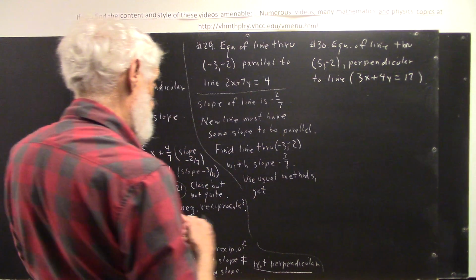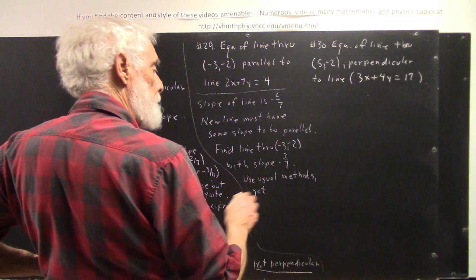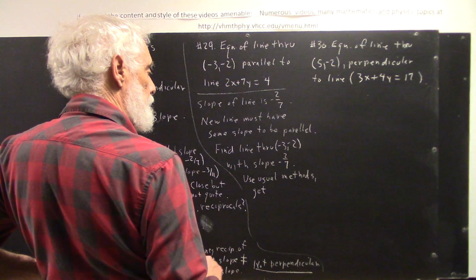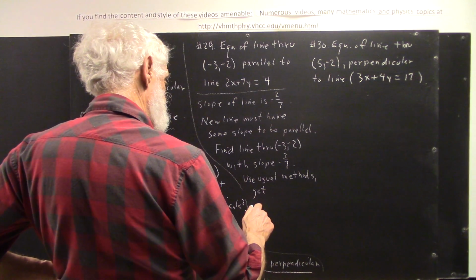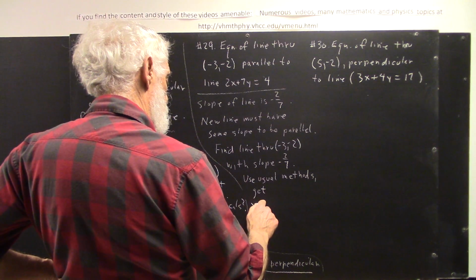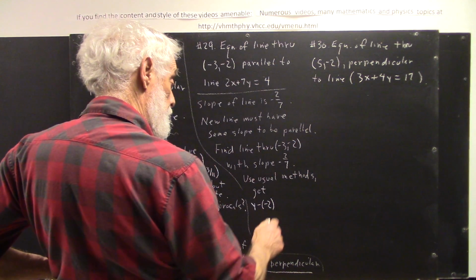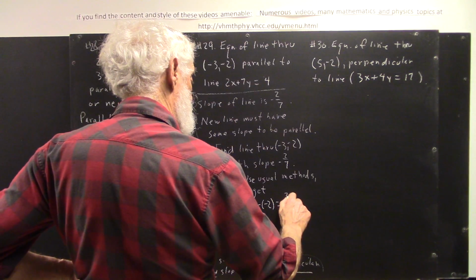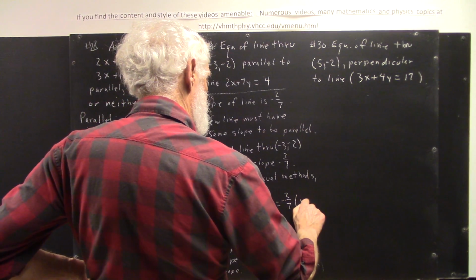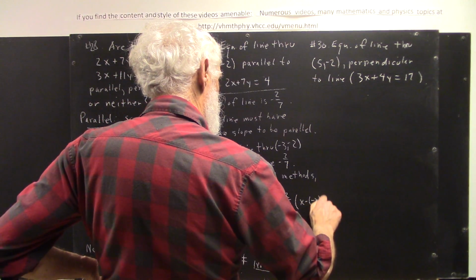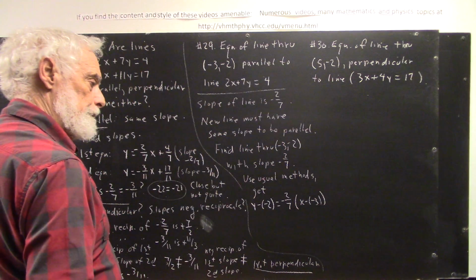But using the usual methods, we're going to get y minus negative 2 equals slope times x minus the x coordinate of this point.